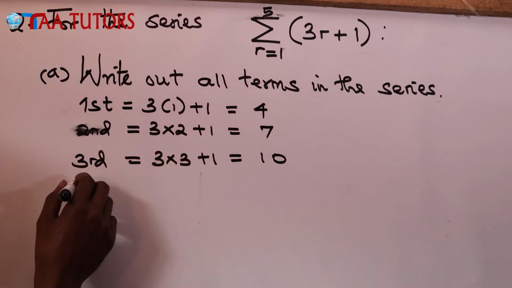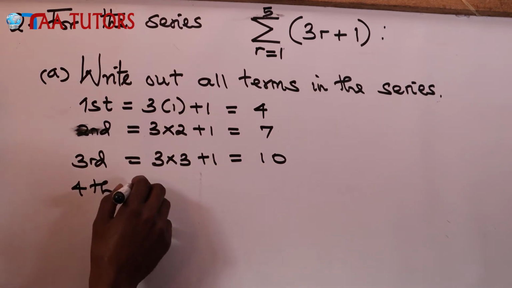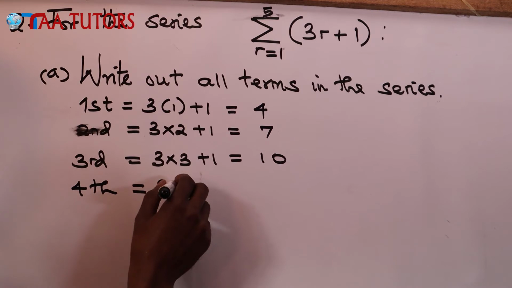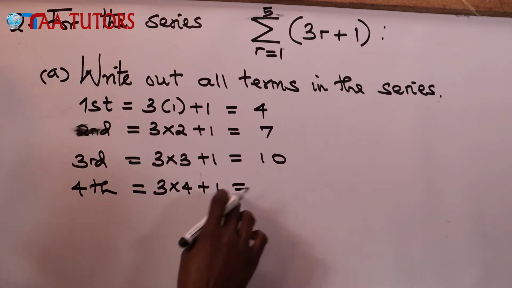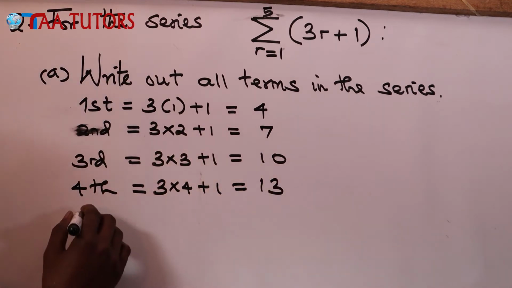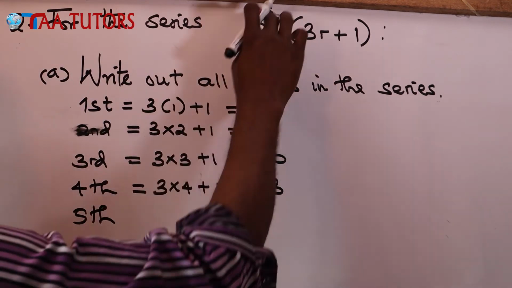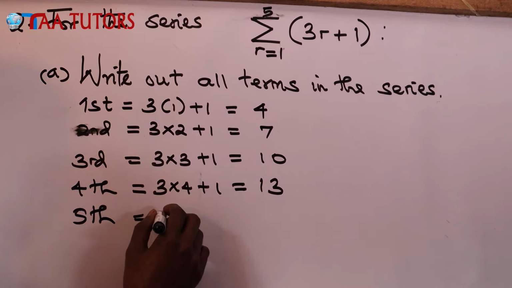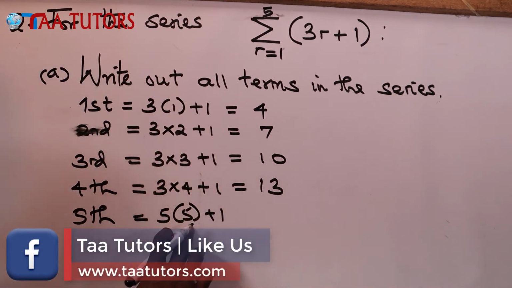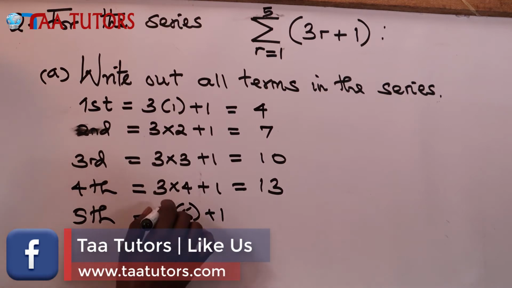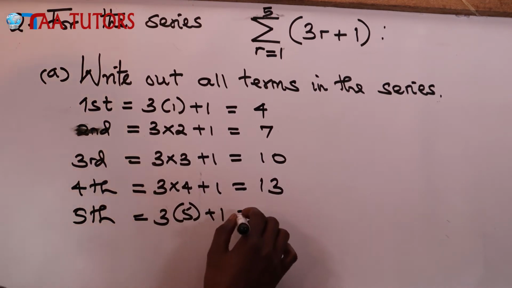Then the fourth term, when r is 4, is 3 times 4 is 12, plus 1 is 13. Then finally the fifth term, because the upper limit was 5, where r is 5, 3 times 5 is 15, 15 plus 1 is 16.